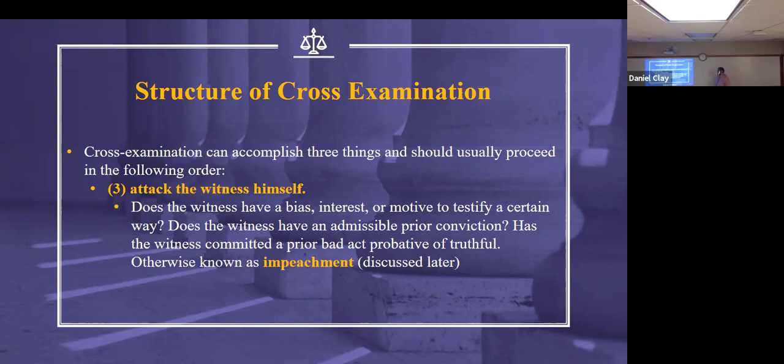And I want to know, and you should know before you go to court, does this witness have a bias? Does this witness have an interest? Does this witness have a motive to testify in a certain way? Right? So even if you call somebody who's not a party to the lawsuit or the criminal proceedings, right? You don't call the defendant and you don't call the plaintiff. You call somebody else. All right?